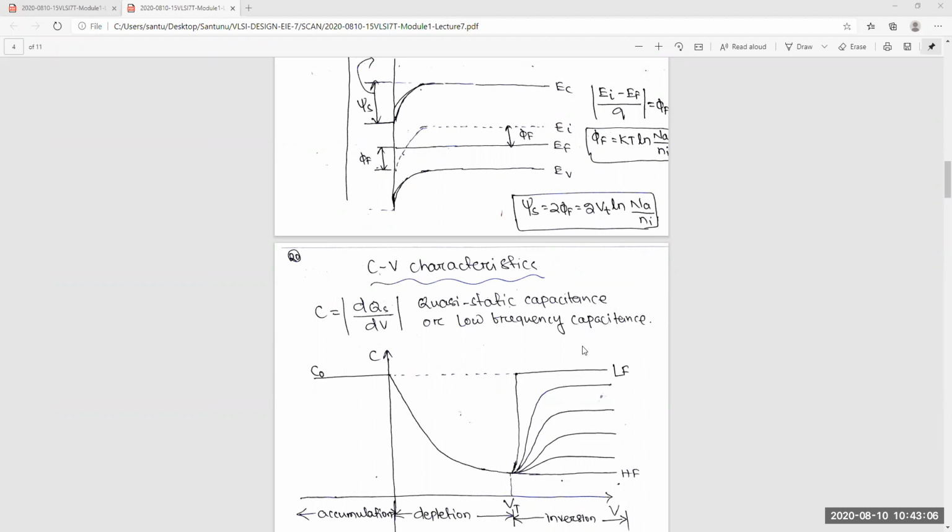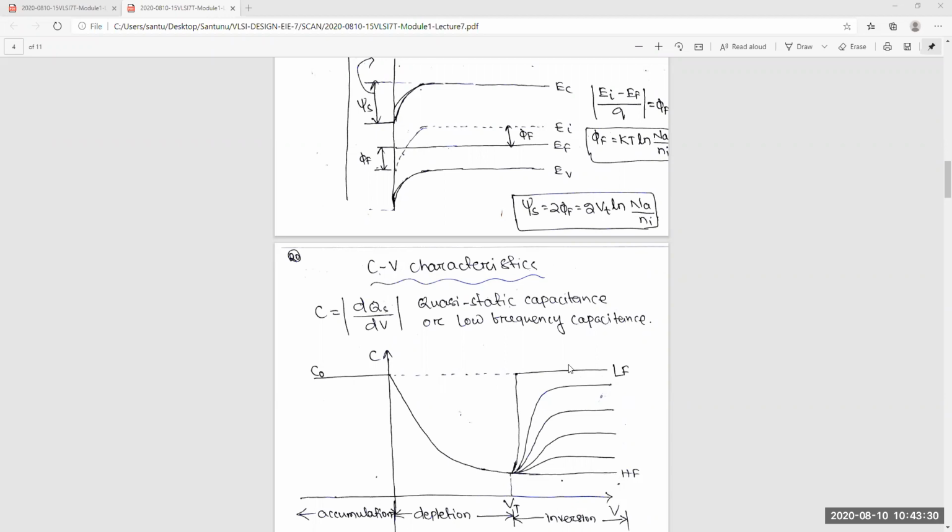Last to last class, I think you asked why at high frequency it is constant at a minimum level, and why at low frequency it is at the accumulation level. Okay, so now anyone can explain.